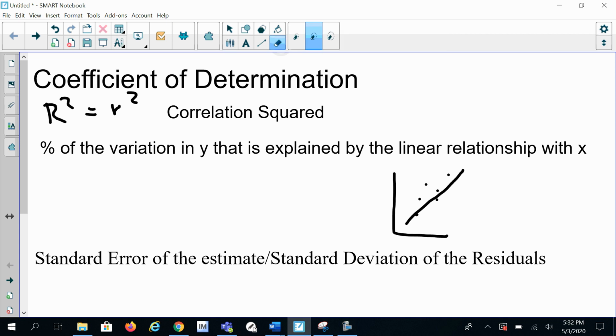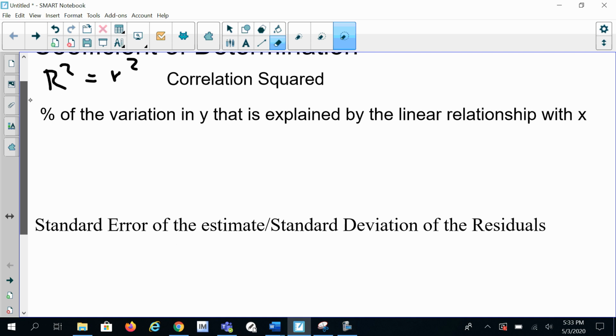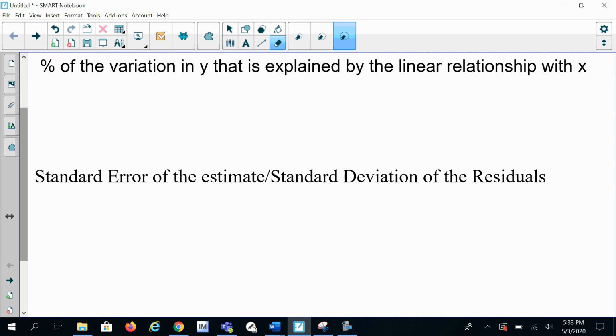But ultimately, you just need to remember that sentence. It's the percent of the variability or variation, same thing, in y that's explained by the linear relationship with x. And we'll do, I think, 3 examples, so there should be no question about how to do that when we're done with the video.